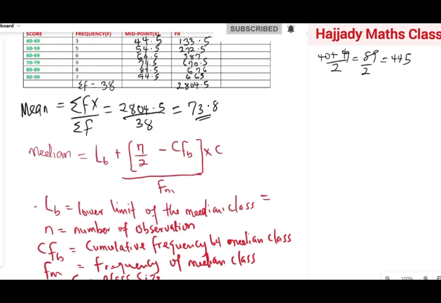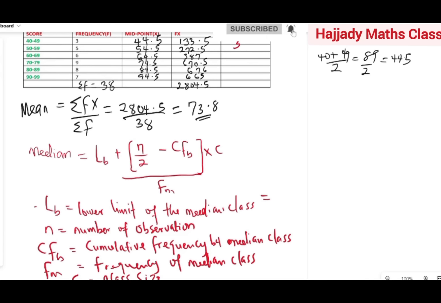Now, the summation F we have here is 38. So when you divide 38 over 2, it's going to give us 19, right? So let's calculate our cumulative frequency, and let's see first. So our cumulative frequency means addition of the subsequent frequencies. And here we have 3, starting with 3.